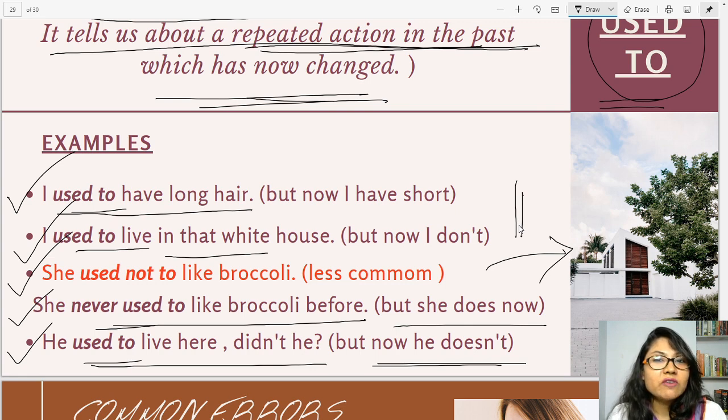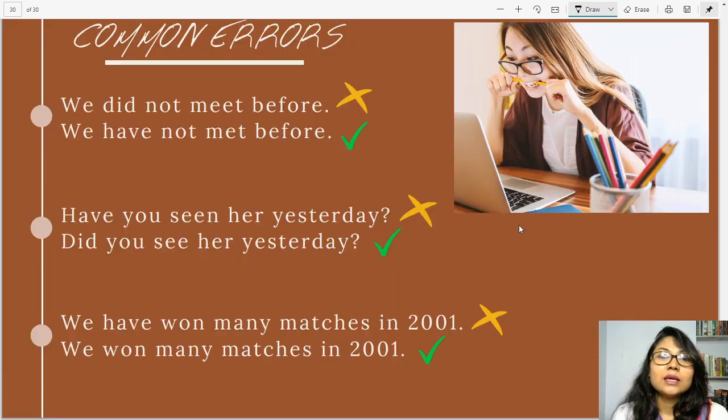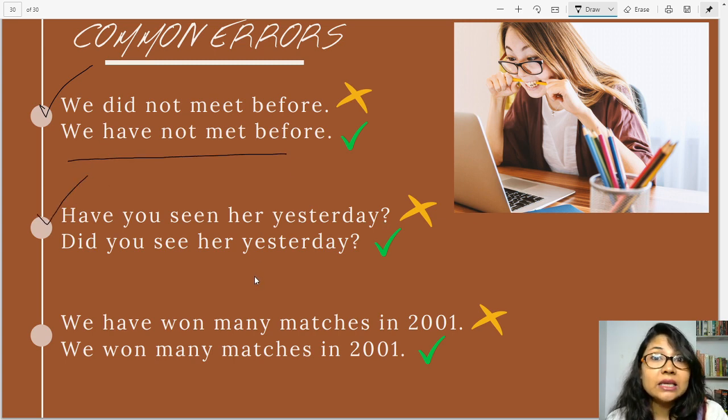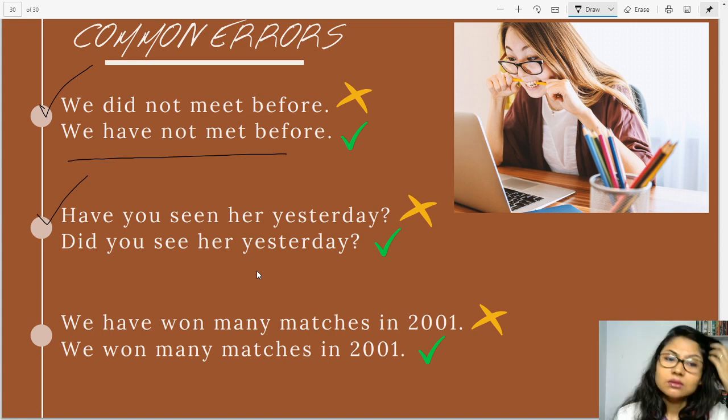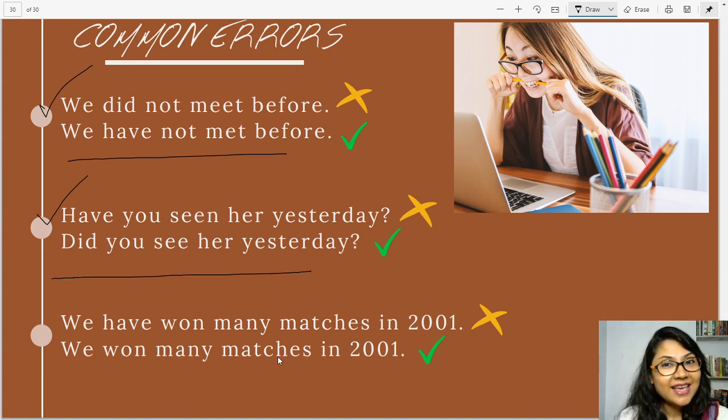Remember, I told you I will be giving you a special slide on common errors. Let's see. Here we are. We did not meet before. It's wrong. You should not say that. We have to say we have not met before. Have you seen her yesterday? It's wrong. You don't say that. Did you see her yesterday?